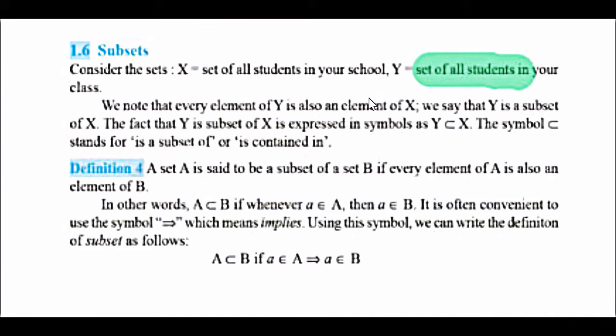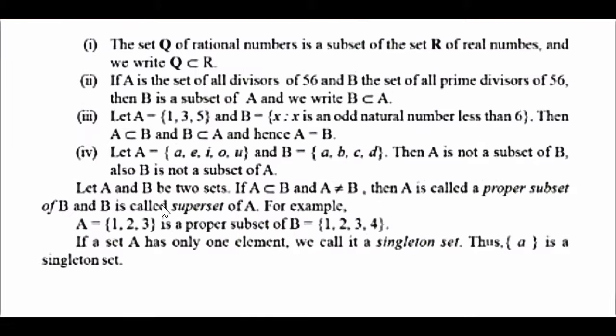So the set of boys or girls is actually a subset of your class, and in turn your 11th class is actually a subset of X, which is the set of all students in the school. We represent this subsetting by this sign. This is our subset sign. So we say that Y is a subset of X. Here we write it like this.